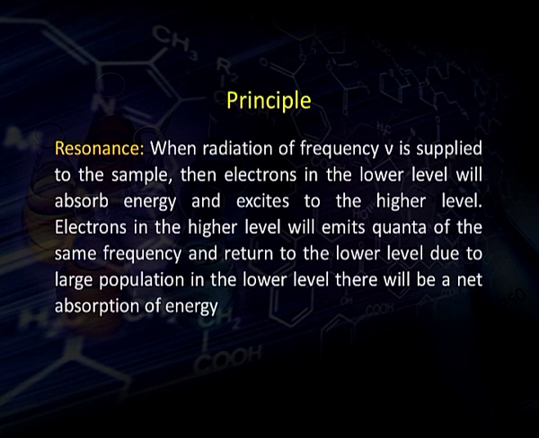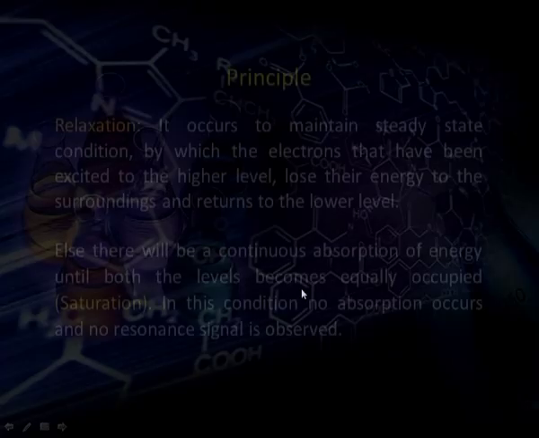Due to the large population in the lower level, there will be a net absorption of energy, because more electrons are absorbing energy than emitting. Hence, there is a net absorption of energy, and this procedure is called resonance. When this procedure is going on, we can say that resonance is taking place.